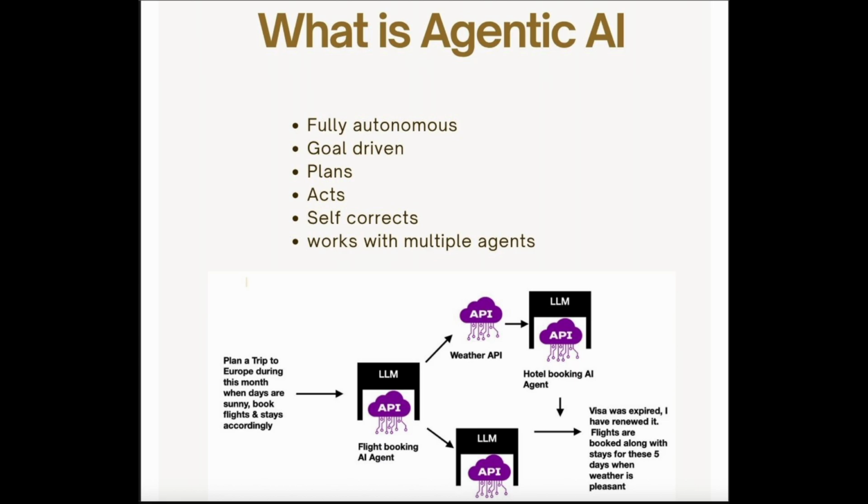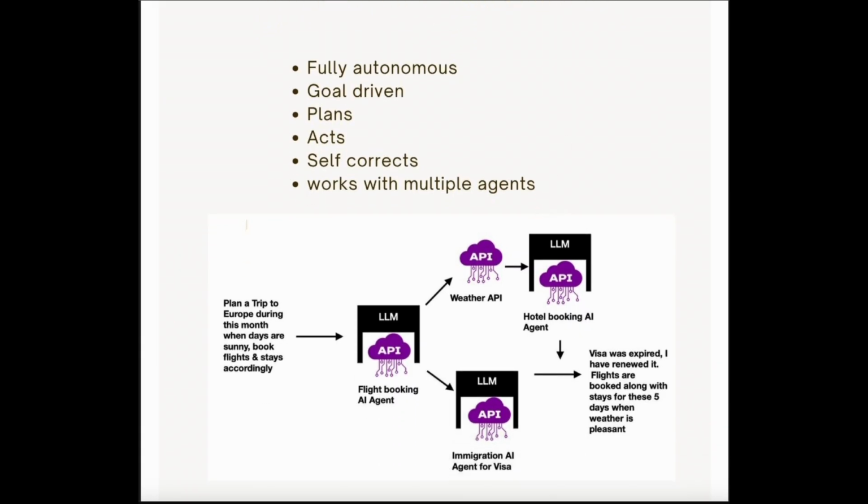What it does, it now goes and talks to the flight booking AI agent and also it can talk to the immigration AI agent for visa. Suppose I'm going for Europe but I don't have a visa. So it goes and checks the visa status first. If it is expired or not applied, it's going to apply and wait for the visa approval.